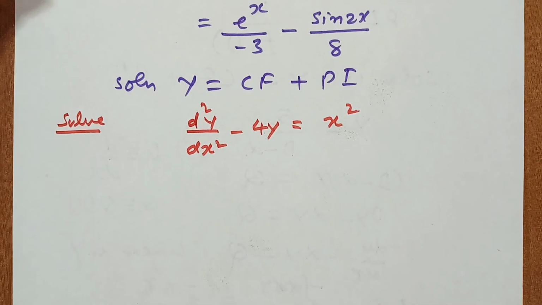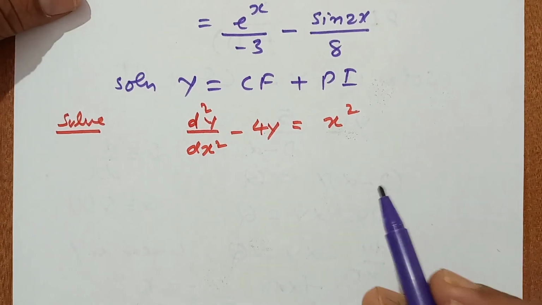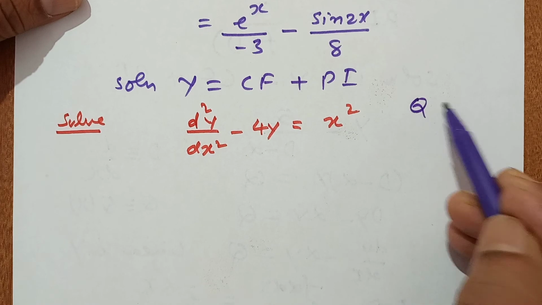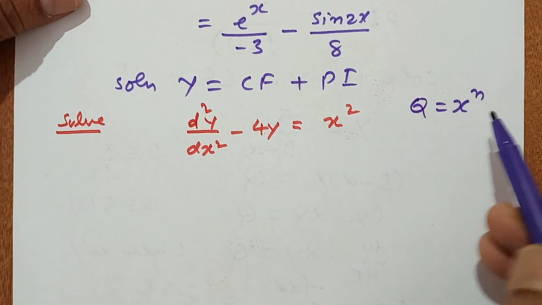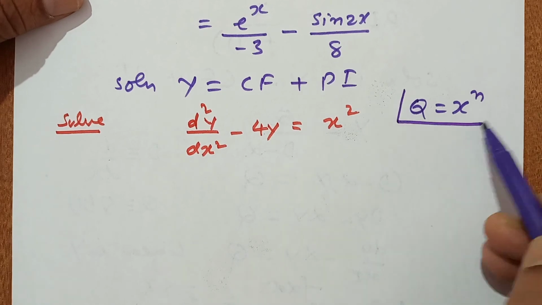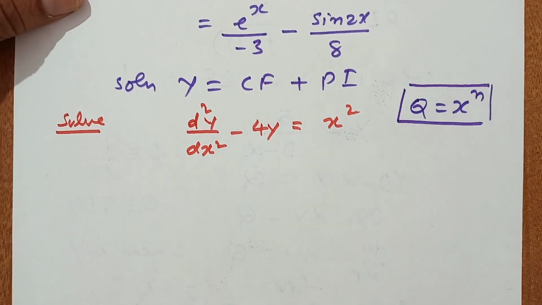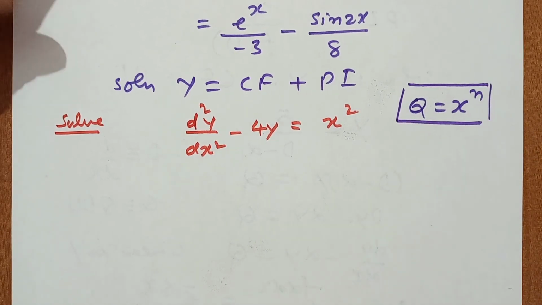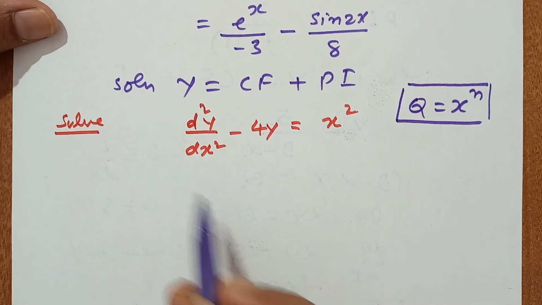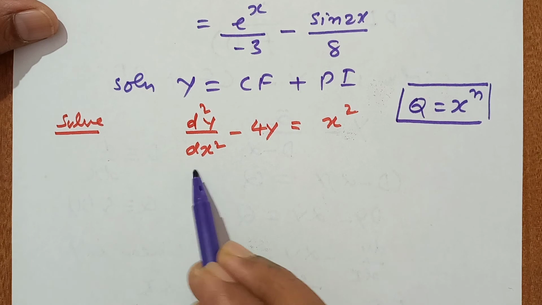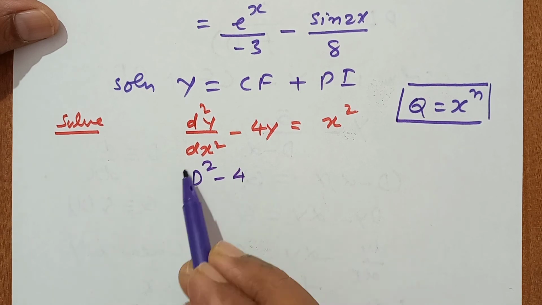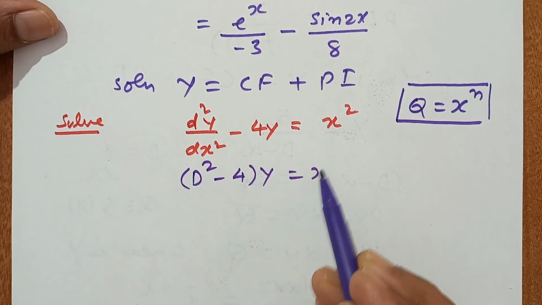Now this is the next example. Here I want to explain when Q is x, x square, x cube, x to the power n. In this case, when Q is x to the power n, how will we solve the differential equation? So first you see this is (D squared minus 4)y equal to x square.